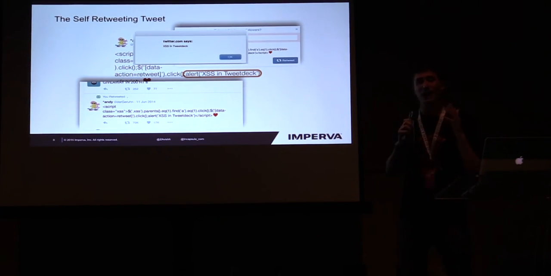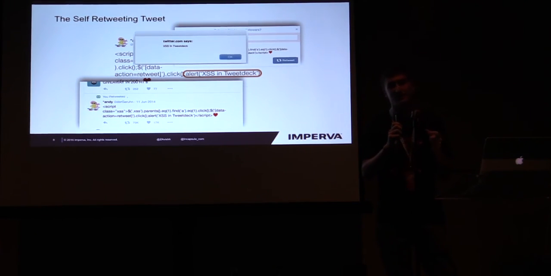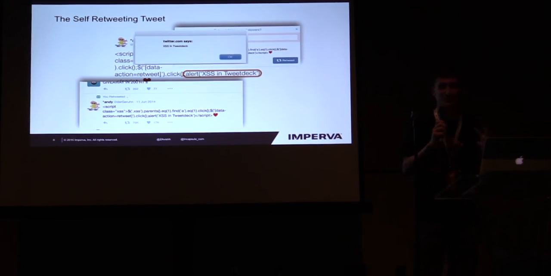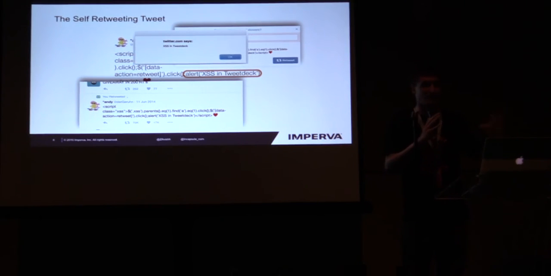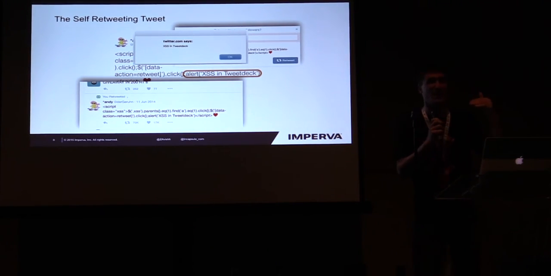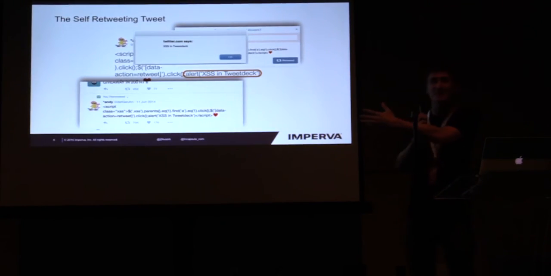So I said that this is cute, but I think that this is what every malware developer wants to do, to be able to replicate. We talked in some previous talk about lateral movement. Well, this is a classical lateral movement. It self-retweets.